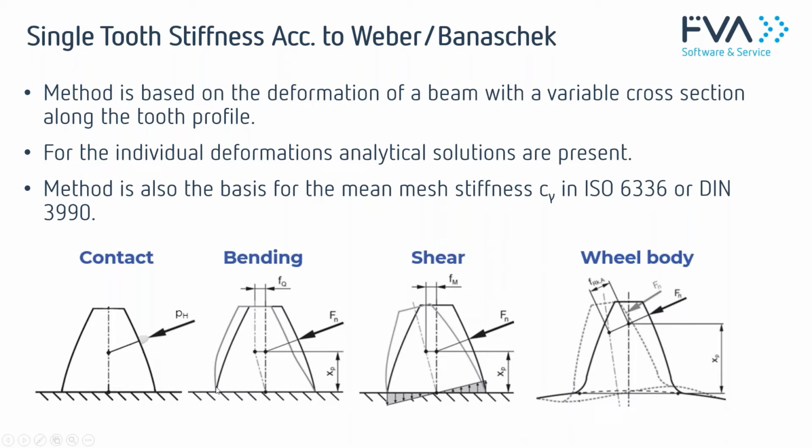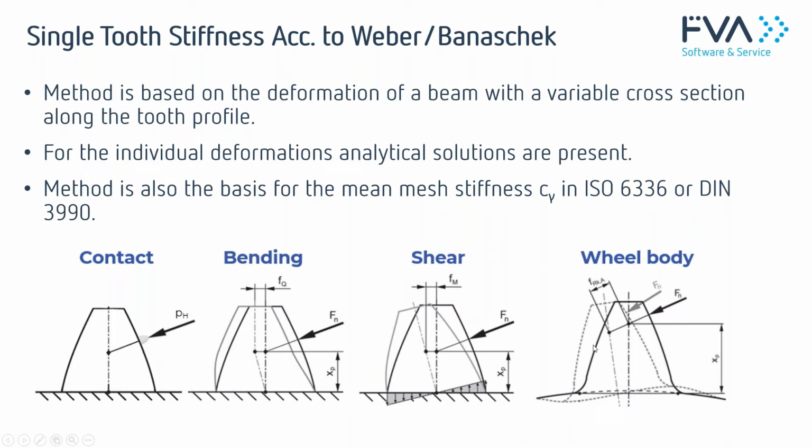According to this method, you can see the tooth as a beam with a variable cross section along the tooth height, and therefore there are analytical solutions to calculate all the deformation influences: the contact itself, the bending of the tooth, the shear deformation of the tooth, and the deformation of the wheel body where the tooth is connected to it.